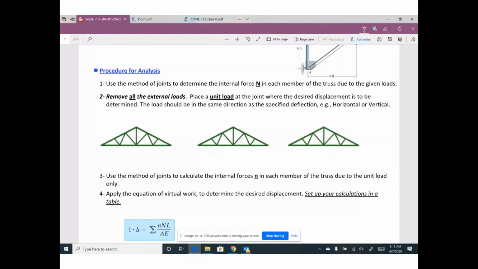The first step to use this method, you need to solve your truss. You need to determine all internal forces in all members of your truss. So we need to go back to chapter 3 to solve the internal forces in each member of the truss. And these forces, we will call capital N.